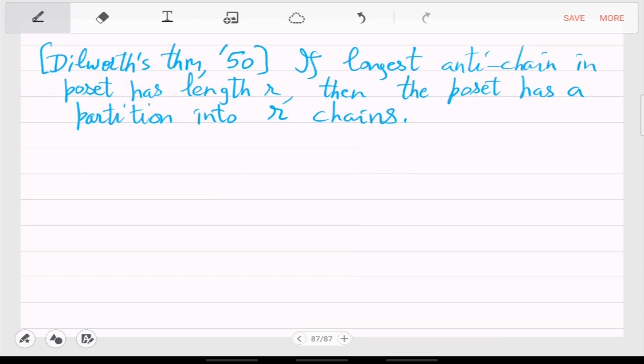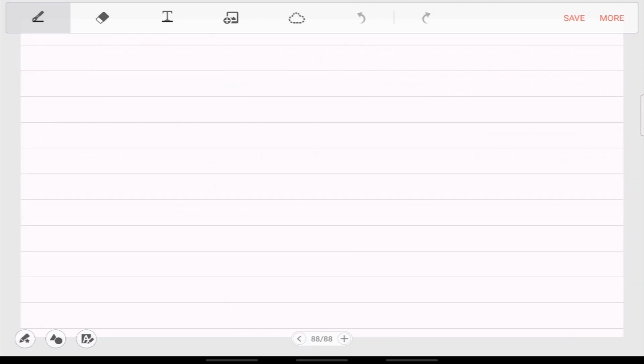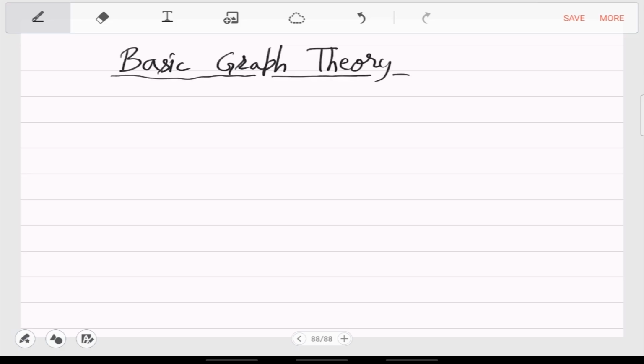Okay, no questions, then we will start a new topic, which is graph theory. So graph theory also started like anything in combinatorics, just a set of puzzles and curious results.